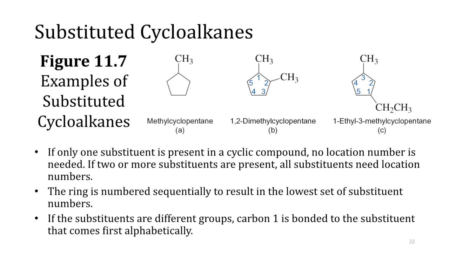And so, of course, who gets named first? The first alphabetically, which would be ethyl in this case. E comes before M. So we have 1-ethyl-3-methylcyclopentane, giving us the lowest number.